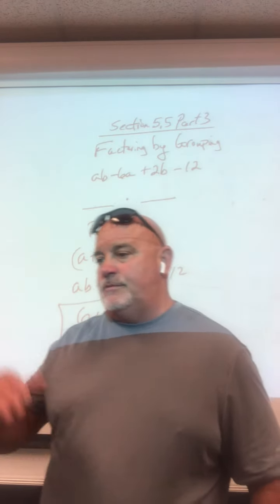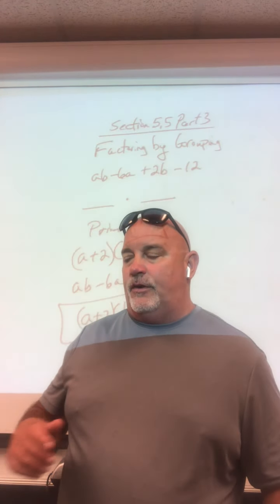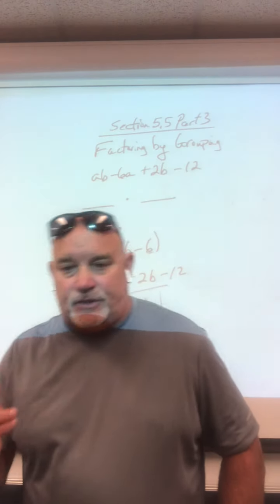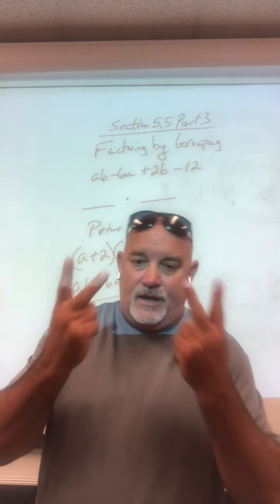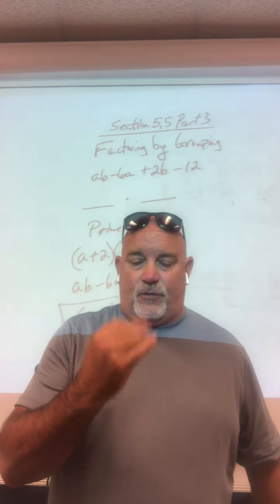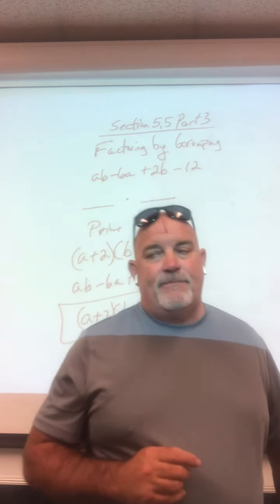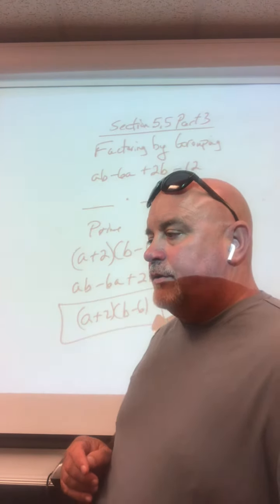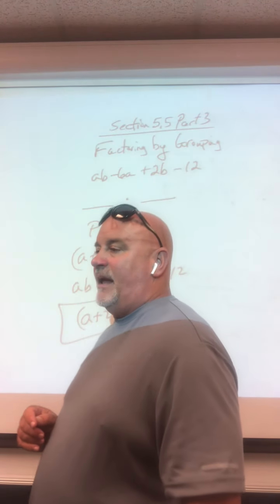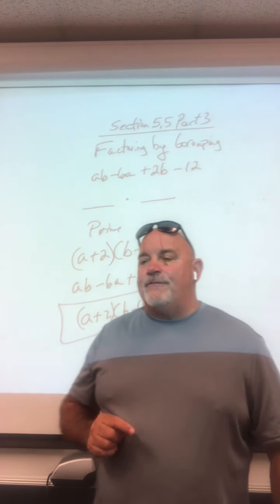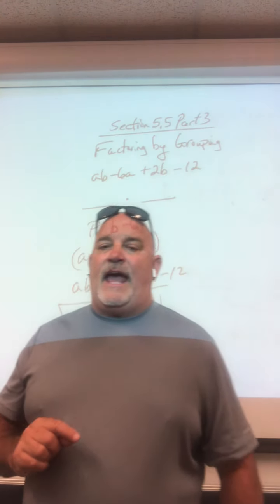So, the fact that I say group the first 2 terms and group the last 2 terms together, how many terms does that make then? It makes a total of 4 terms. Step 2. Factor out the GCF from each group, even if it's only a 1.